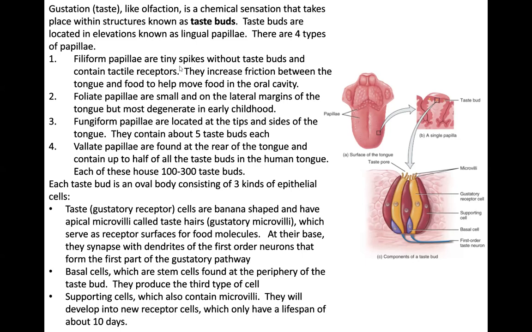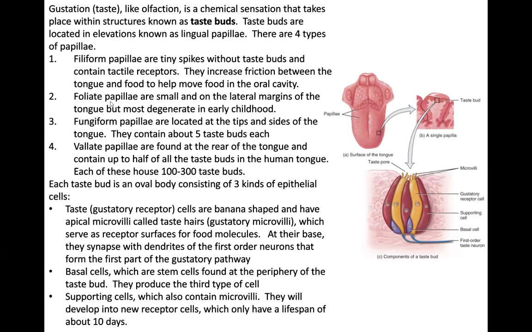Since they are tiny spikes, they increase the friction between the tongue and food to help move that food through the oral cavity. So they help with chewing and then swallowing. If you've ever been licked by a cat, it feels scratchy, sandpapery. That's because they have a lot of these filiform bumps.